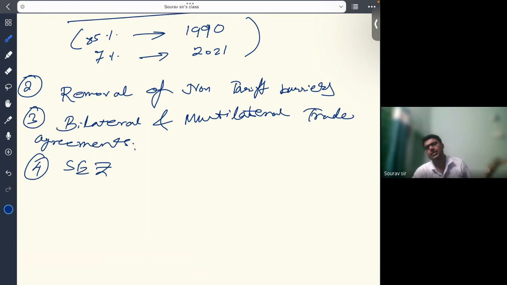However, India still faces some challenges such as high tariff rates in some sectors, which can limit its competitiveness in the global market. But yet, after the liberalization phase, trade was completely changed, and trade openness and tariff policy since the 1991 reforms had a significant effect on the Indian economy. Thank you. This is the solution of this question.